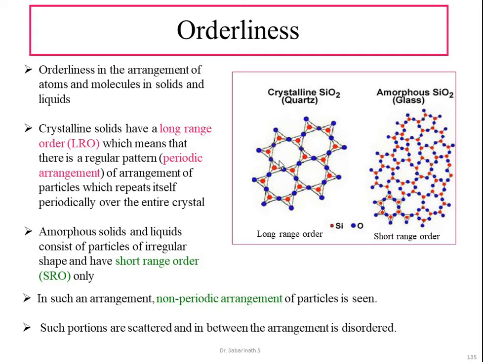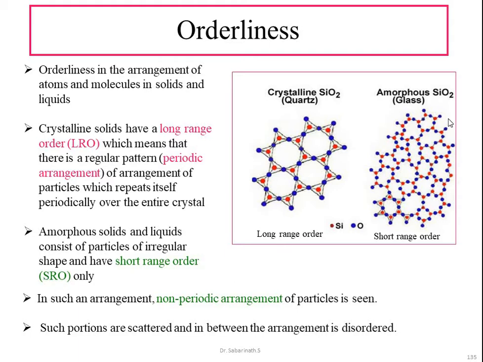An example of long range order is crystalline silicon dioxide, also called quartz. The red atoms are silicon, and the blue atoms are oxygen. Now coming to amorphous solids and liquids, they have an irregular shape because the order is not long, it is short range order.